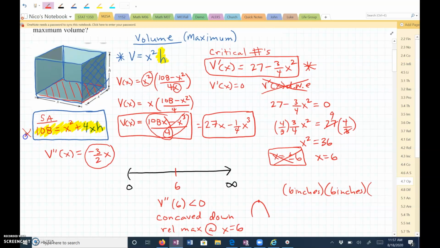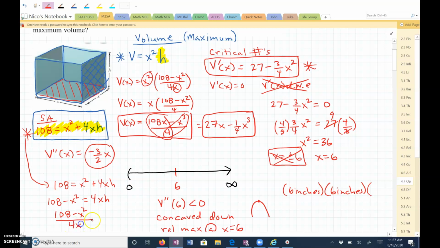Alright, so I have to go back and find h again. h was 108 equals x squared plus 4xh. Subtract x squared from both sides, you get 108 minus x squared equals 4xh. Divide both sides by 4x.